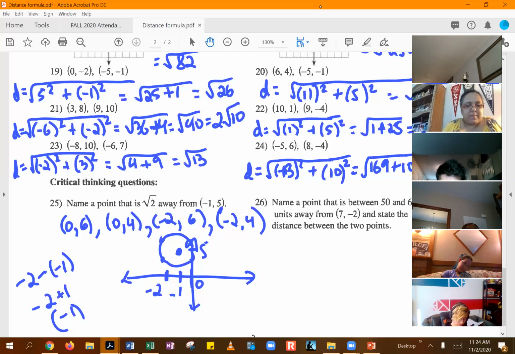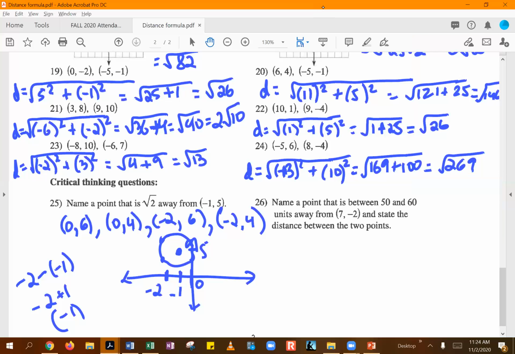Okay. Yeah, because I've tried quite a few different combinations myself, and it doesn't seem to be. Alrighty, so just leave it at square root of 269.